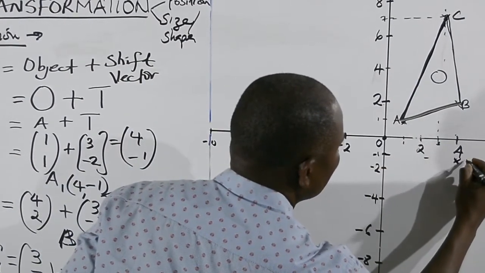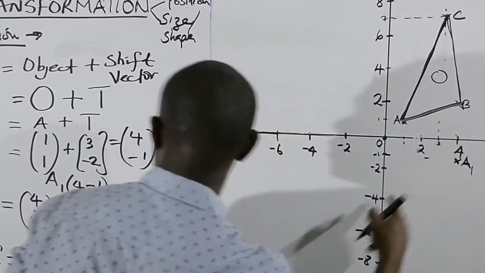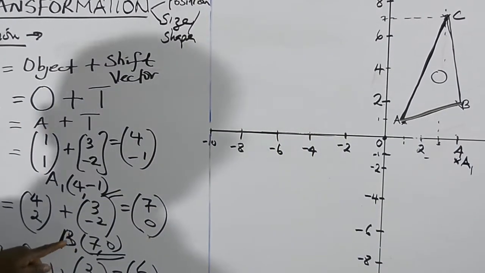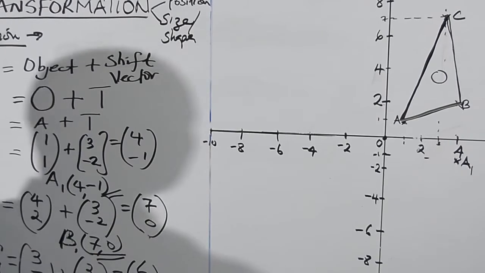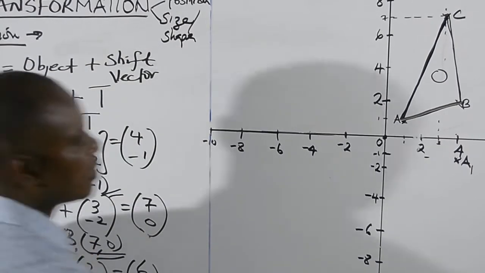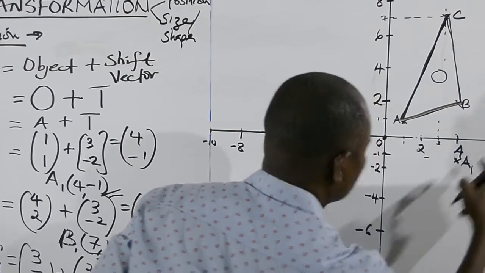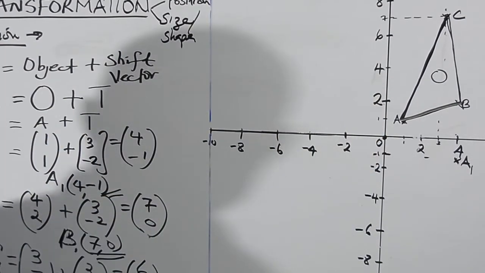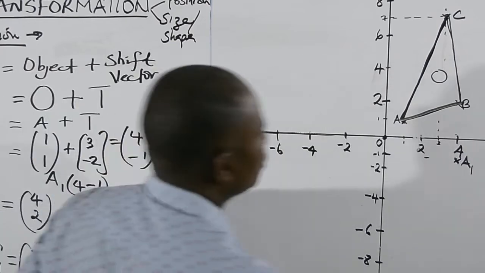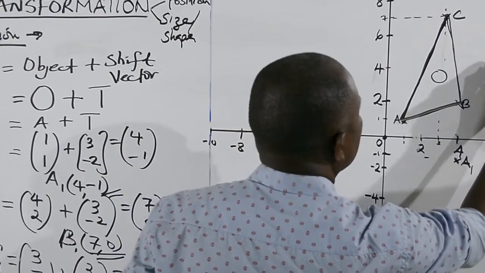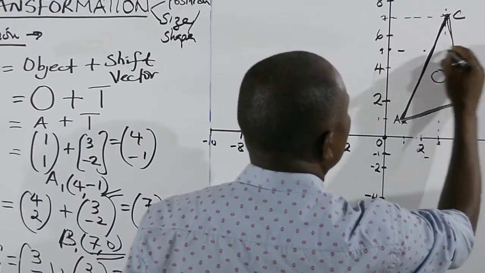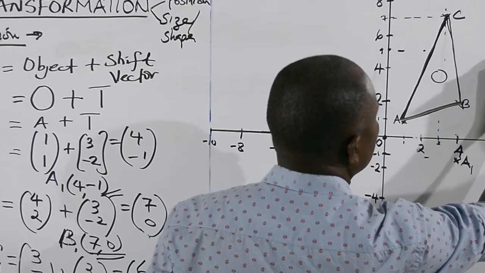So I have A1 (4, -1), and B1 is (7, 0), 7 on the x-axis and 0 on the y-axis. Now we have (6, 5), 6 on the x-axis and 5 on the y-axis somewhere there. This is C1.